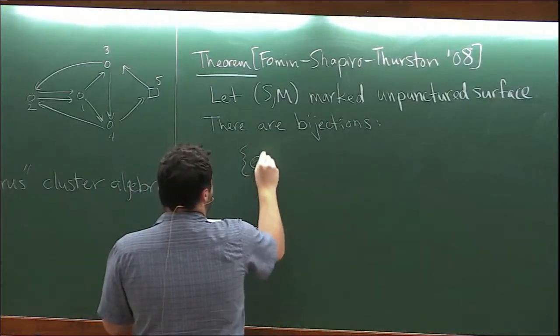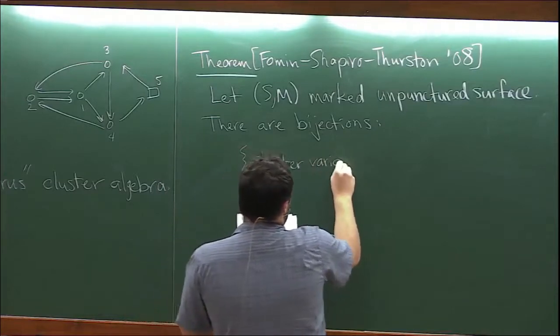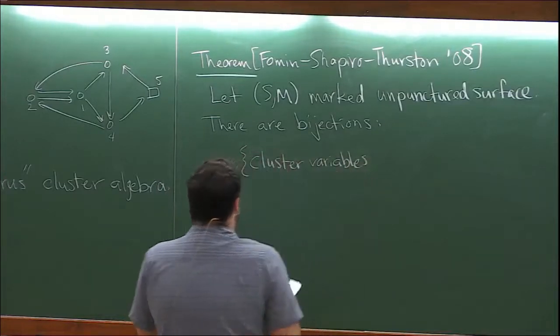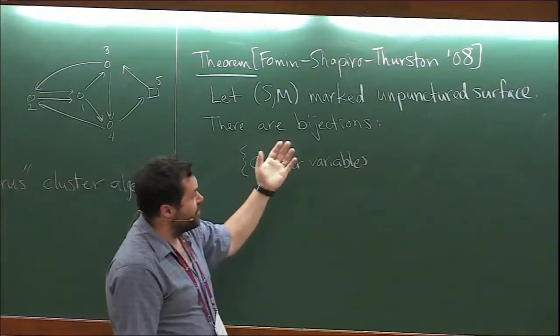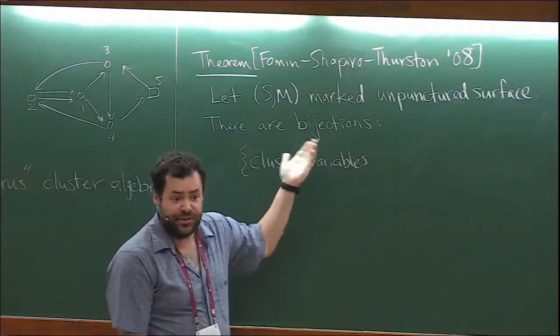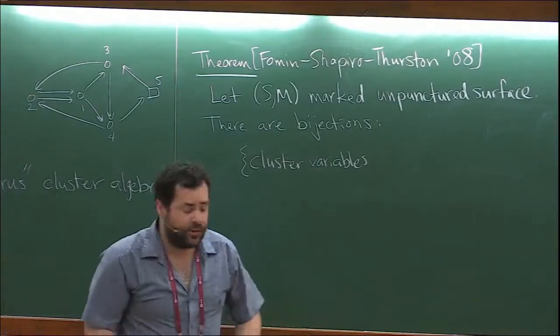So the cluster variables. As I did here, if you have some triangulation, you can associate a cluster algebra. So the cluster algebra is associated to the surface. Okay, it doesn't matter which triangulation you start with, you get the same cluster algebra. Okay?